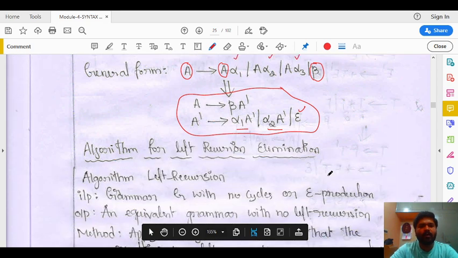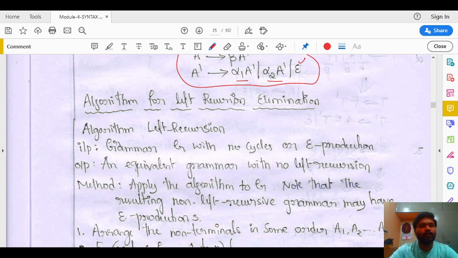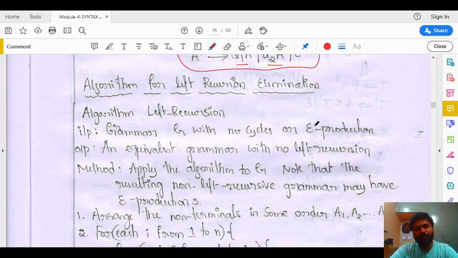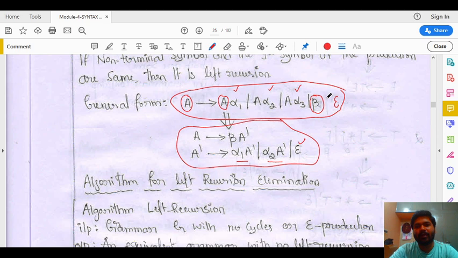Looking into the algorithm, the algorithm for left recursion looks this way. Input: grammar G with no cycles or epsilon productions. I should not have any epsilon production within the grammar which I take. If you have an epsilon production, then it will be a problem.